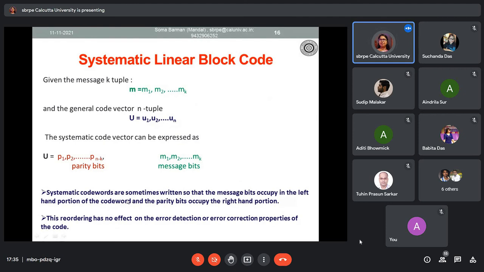Systematic code words are sometimes written so that the message bits occupy the left hand portion. Here I am saying that the message bits are in the right hand portion of the code word and the parity bits occupy the left. But here we are considering left is parity and right is message. This reordering has no effect on the error detection or error correction properties of the code.